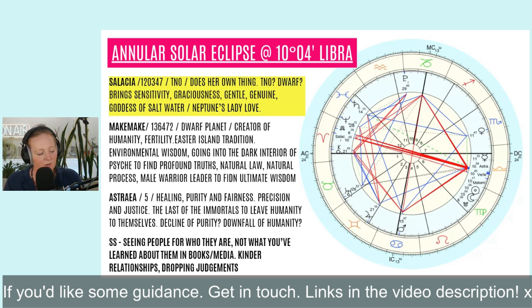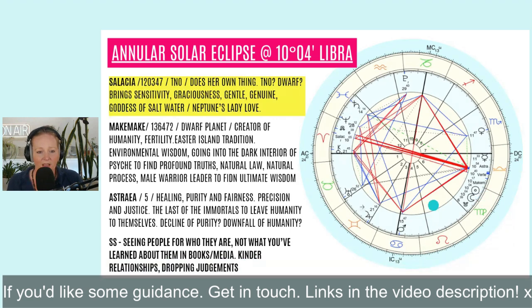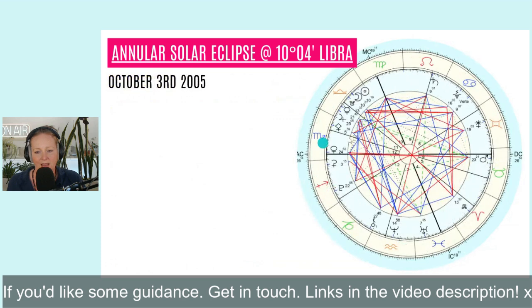I should also say, when I was looking back at the last annular solar eclipse in the sign of Libra back in 2005, and this might not be related, Hurricane Katrina happened a month before that.